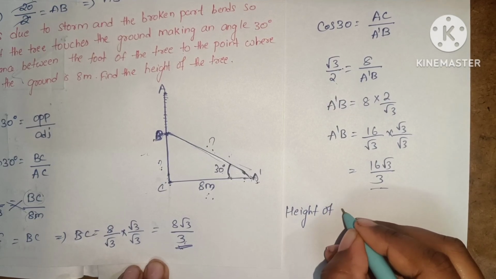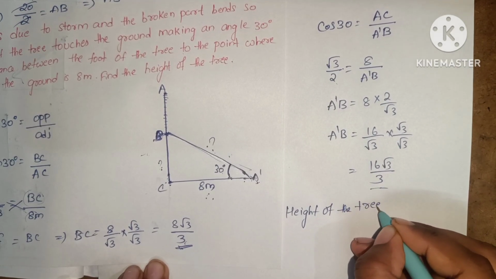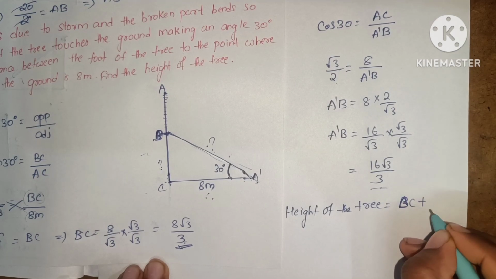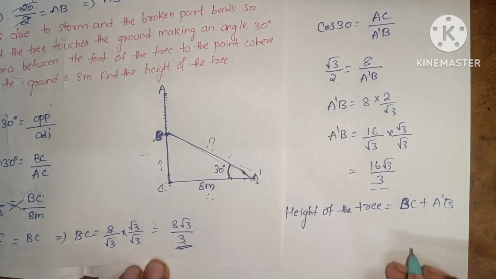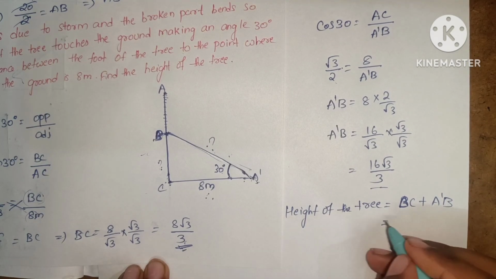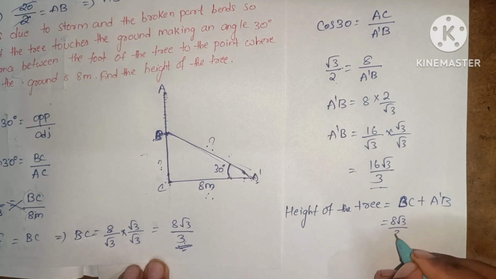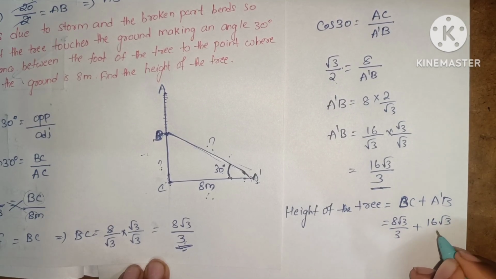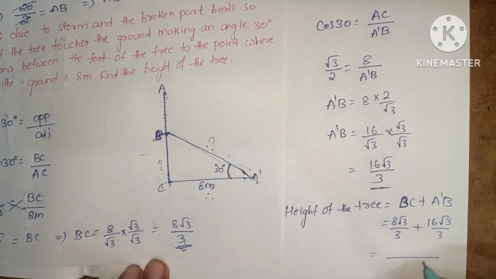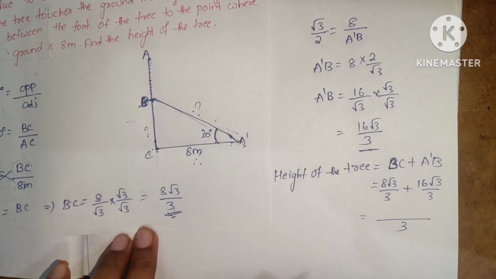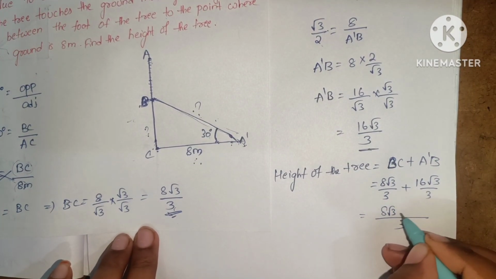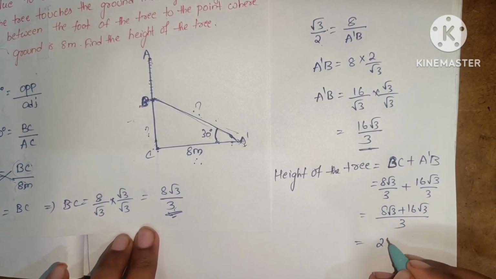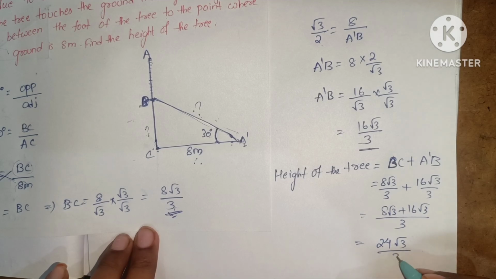Height of the tree equals BC plus A dash B. BC you got 8 root 3 by 3, plus A dash B you got 16 root 3 by 3. The LCM is 3. So 8 root 3 plus 16 root 3, 8 plus 16 is 24, so 24 root 3 by 3.